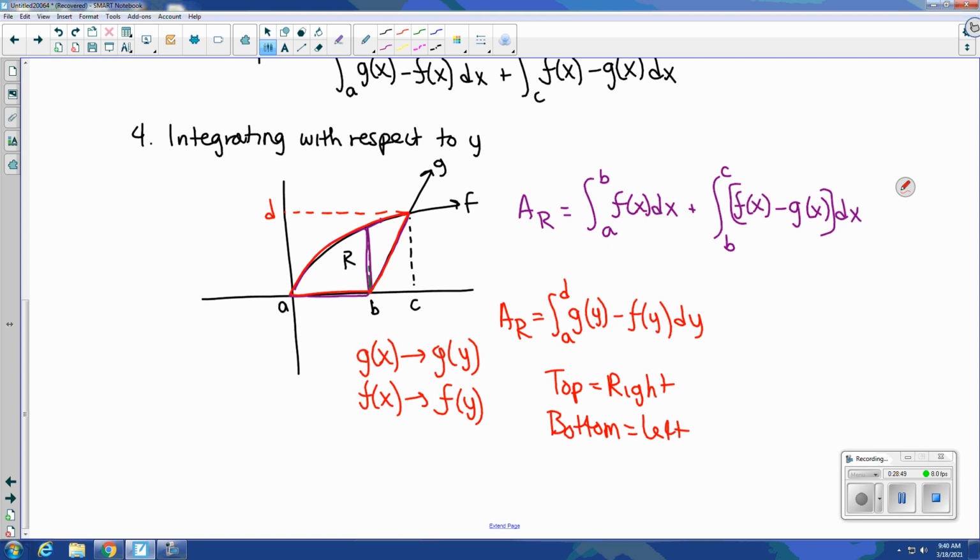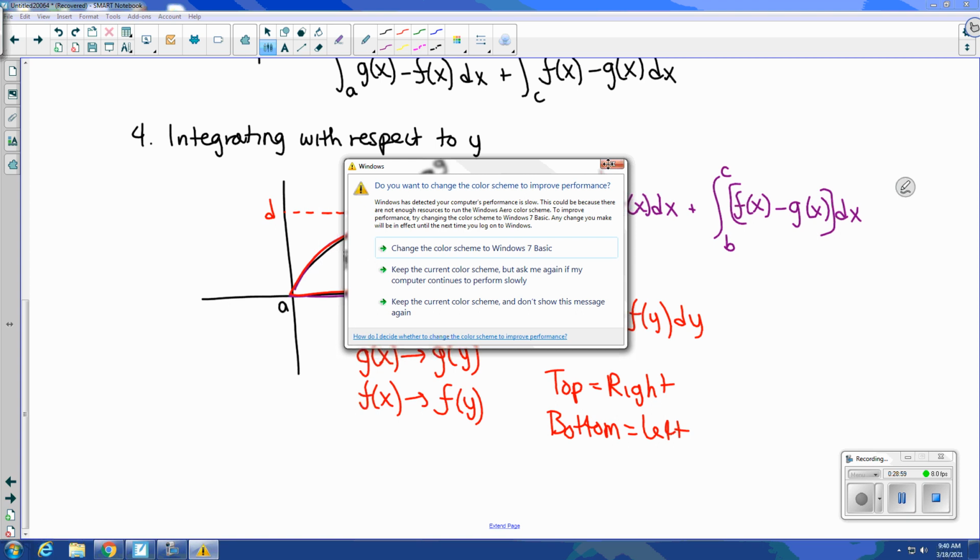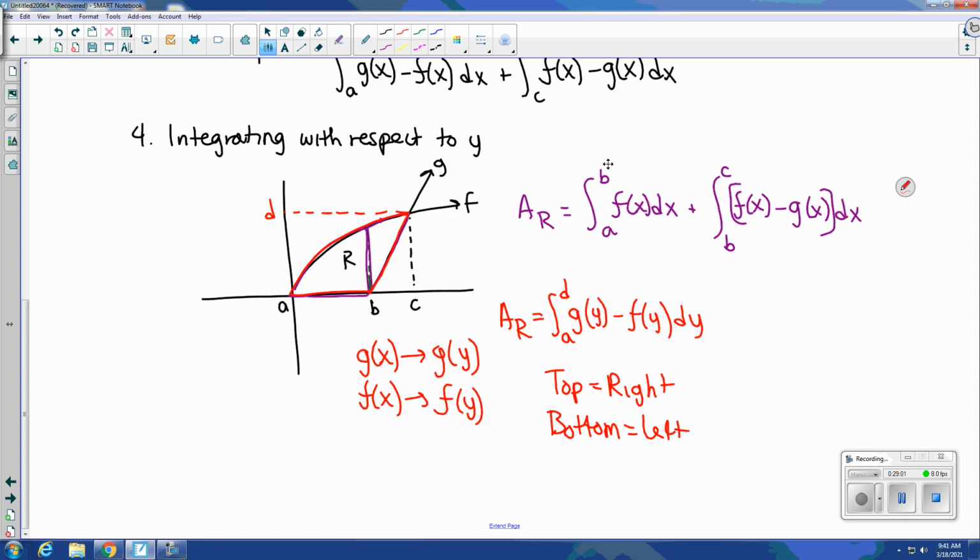Okay? So changing your perspective, integrating with respect to y, is equally valid as integrating with respect to x, and you should get the exact same answer with either method, because the area of that region of space has not changed. You're just changing your perspective. So the area calculation should be the same with whatever method you choose, but the key is: make sure you're reformatting your functions.